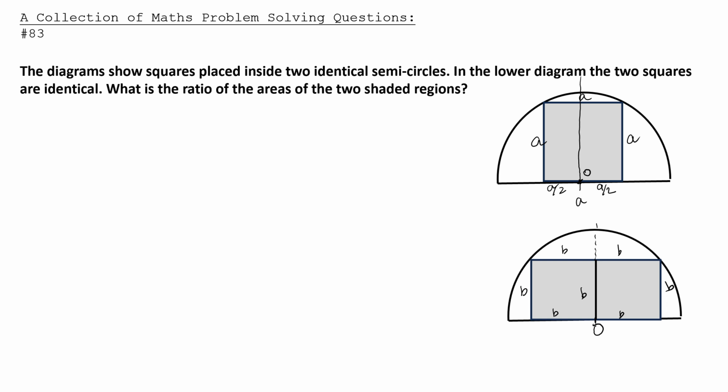Now we have to find something common between A and B to get to the ratio. So the common thing we're going to find is the radius, and the radius is R. So if you join from the center to the circumference, you will get R, and the radius is the same in both the drawings because they are two identical semicircles, so they will both have the same radius.